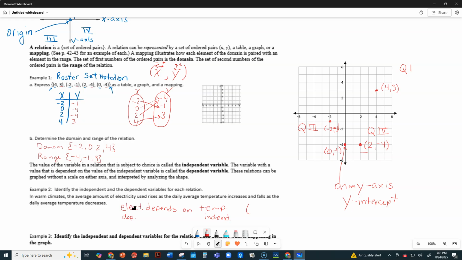So that means if I were writing it as an ordered pair, the temperature would go first. We have to know what the temperature is before we can say if we used more electricity or less electricity, a lot of electricity or little electricity. So electricity goes here. Okay, so we've got temperature and electricity. The temperature would be recorded on the x-axis and the amount of electricity would be recorded on the y-axis.